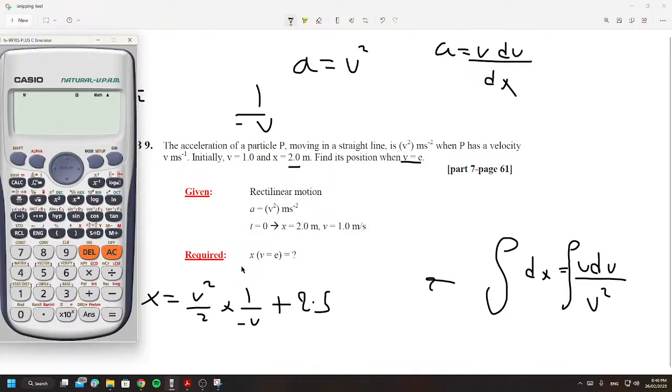Let's try again. So 2 equals v squared, so 1 over 2 times 1 over -1 plus c. So c is 2.5, yeah. And find the position when v is equal to e.